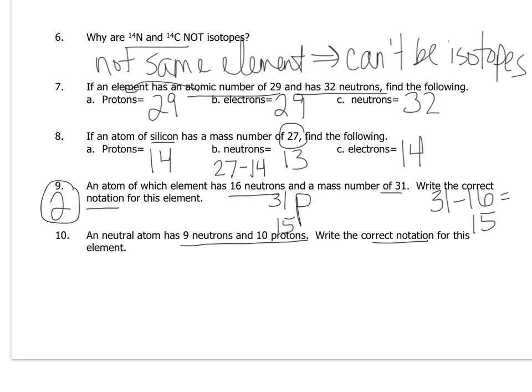The element with atomic number 10 is neon, and that goes down here. And then to get my mass number, I just need to add my neutrons and my protons together. So 9 plus 10 gives me 19, and that goes in the upper left.